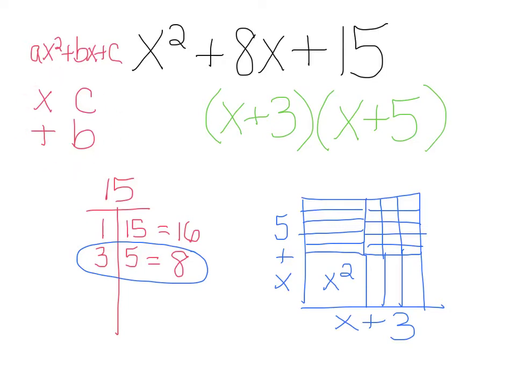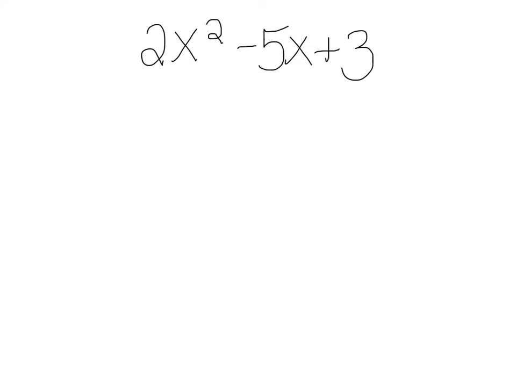Now let's look at when a is not 1, and we're going to take the same idea and apply it to that. In this problem, we have a trinomial of 2x squared minus 5x plus 3. So we have this leading coefficient that's not 1 anymore. However, you're going to factor similarly.